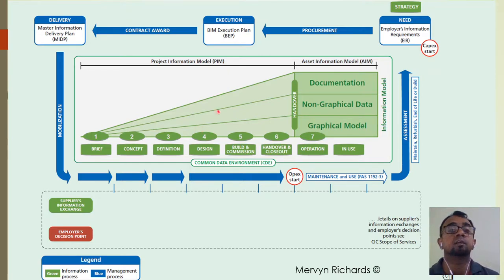So it is quite challenging if you don't get the appropriate information in the appropriate formats and standards. So we have to pay significant attention at an early stage to get a BIM project done appropriately.